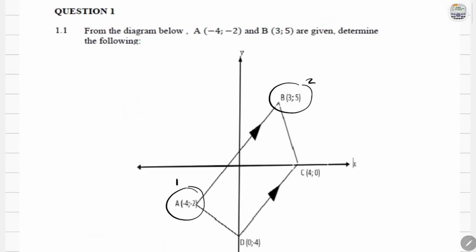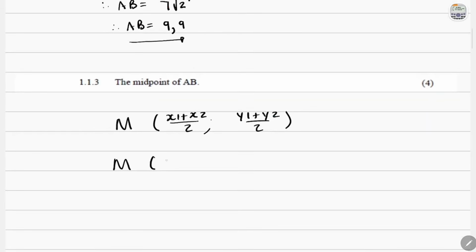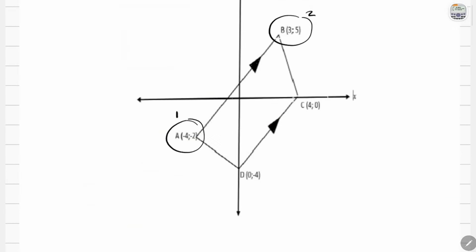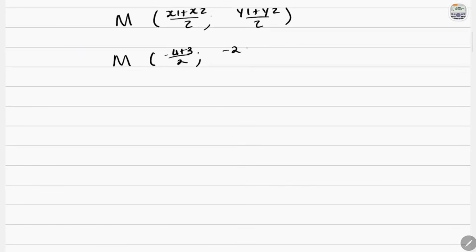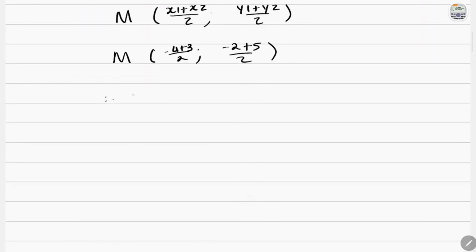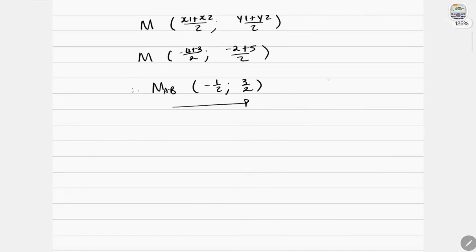So that is (-4 plus 3) over 2, and then the y's, that's (-2 plus 5) over 2. And finally, the midpoint of AB is 3 minus 4 is -1, over 2, so -1 over 2. And then 5 minus 2 is 3, so 3 over 2. And that is our answer. Moving on to the next question.